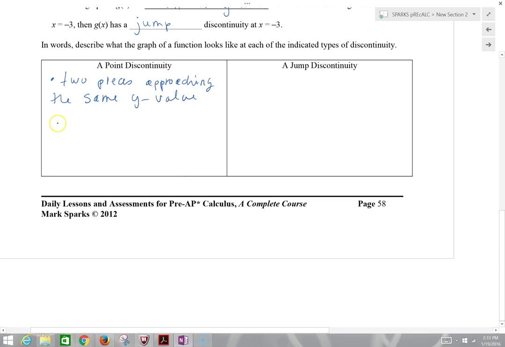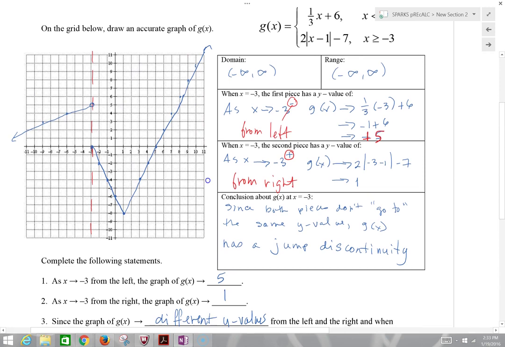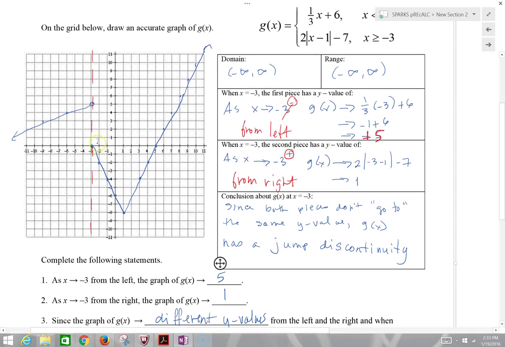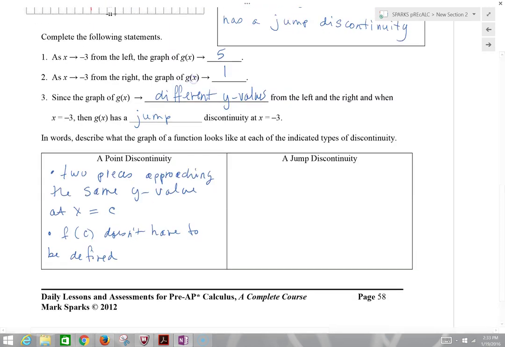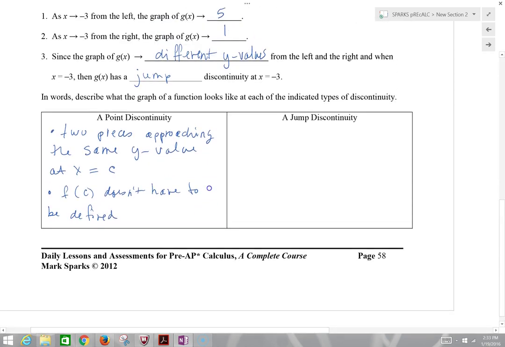And if we're talking about at x equals C, f of C doesn't have to be defined. It wasn't defined in our example. On the other page, it wasn't defined because these were two open circles in our first example. f of C doesn't have to be defined, but it certainly could be defined.